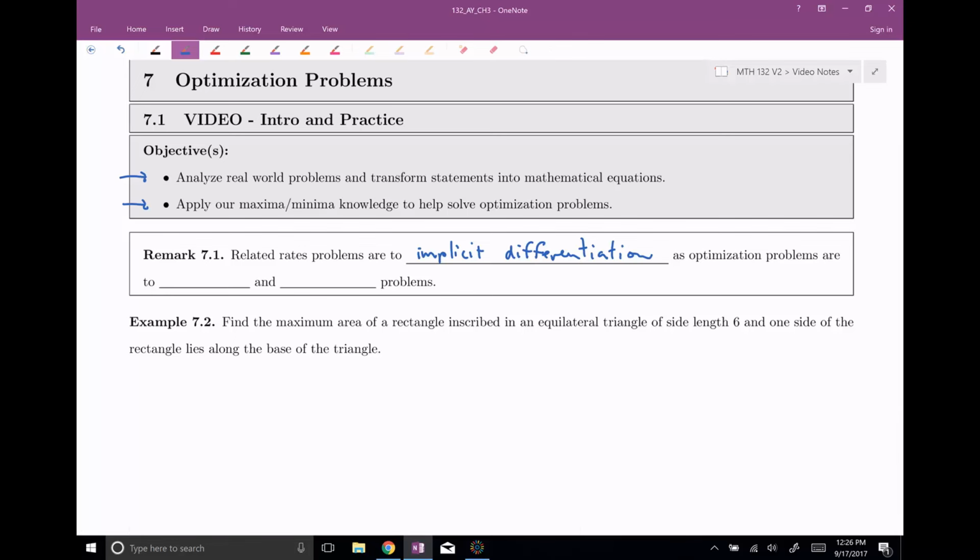Likewise, optimization problems are going to be story problems, and we're going to try to apply our knowledge of minima and maxima. We have the closed interval method, or first derivative tests and second derivative tests, things like this. We want to apply these to more story problems. Okay, so let's get to it.